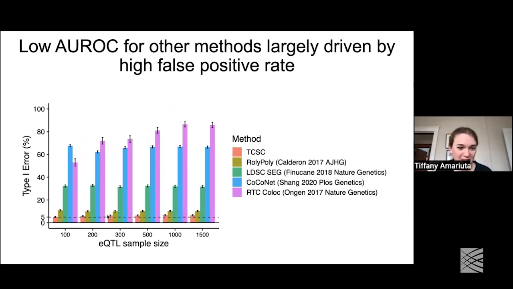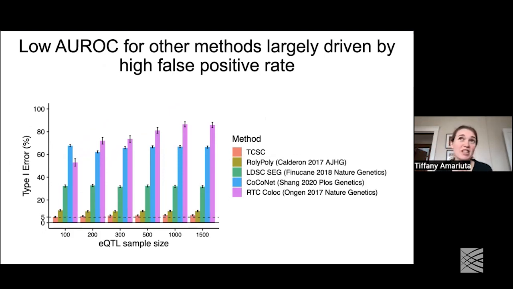I want to return to the statement I made where I identified that the type 1 error of TCSC sometimes does rise above 5%, but it is very well calibrated compared to other methods that try to identify trait-associated tissues.